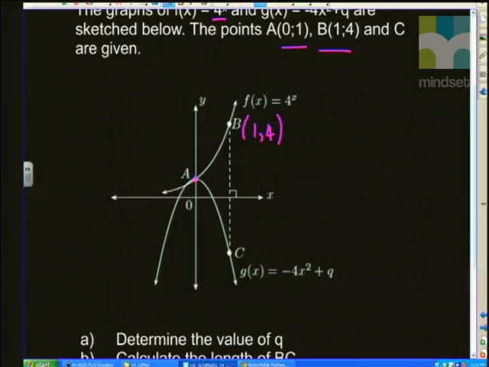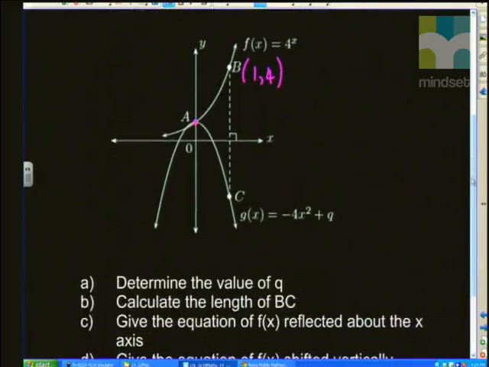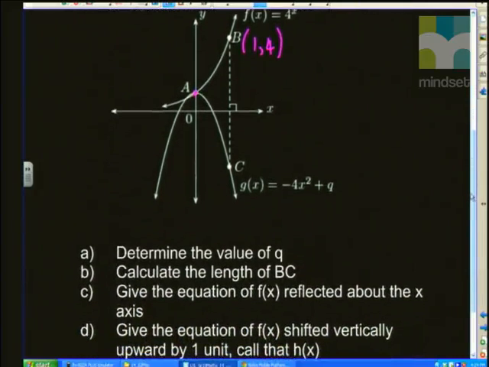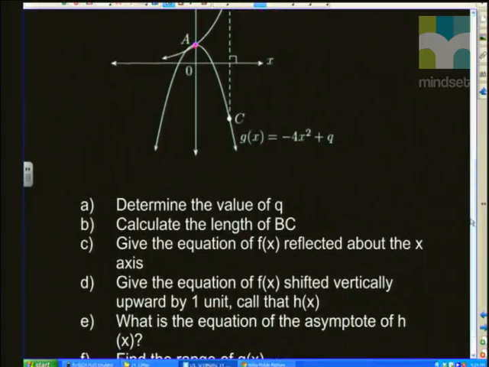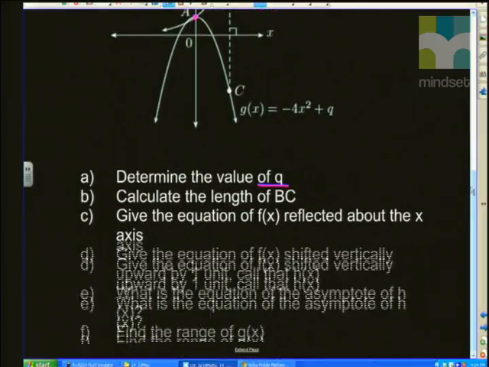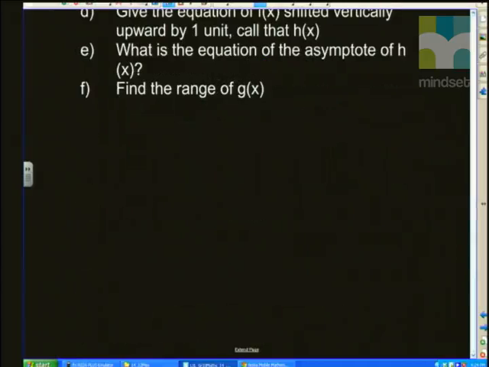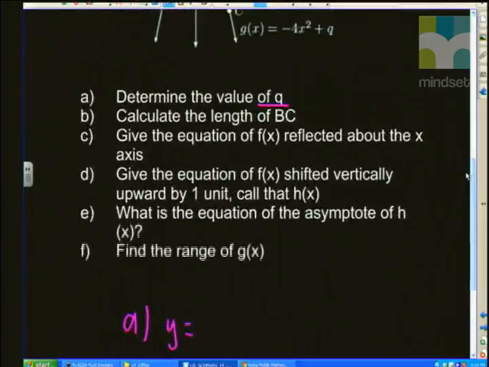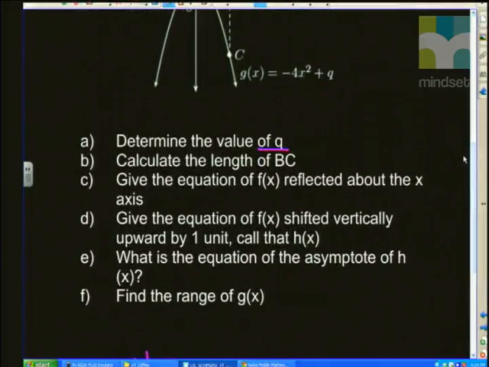Now, in your graph interpretation questions, all of your questions are going to be based on this figure. Part A says, determine the value of q. Where do we find q? We see that it's part of the parabola equation. That's the one they don't know.